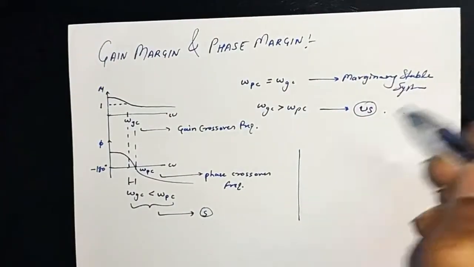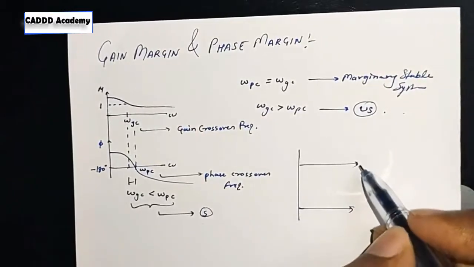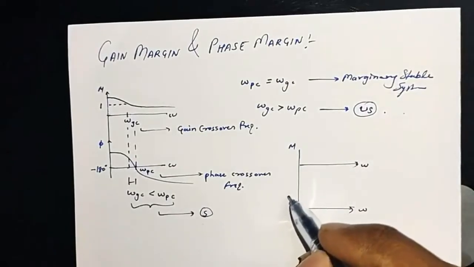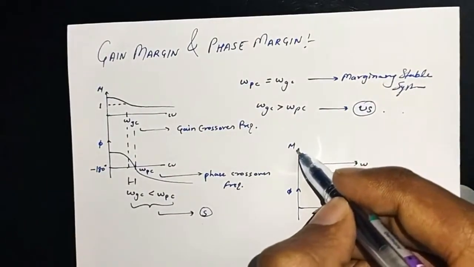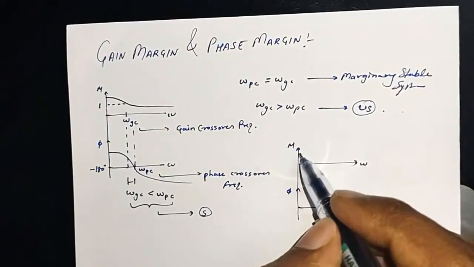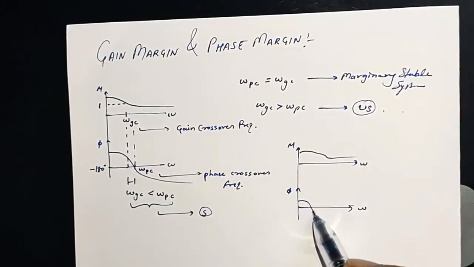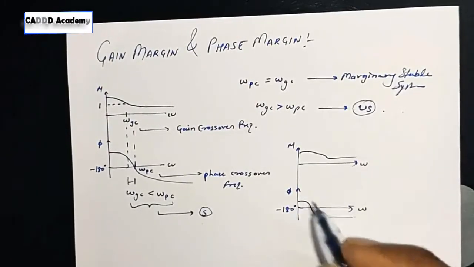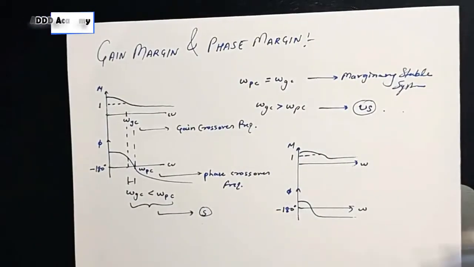Now this is omega, this is magnitude, and this is for phase. This is the magnitude response, this is the phase response. This is 180 degree here and 1 is somewhere here.